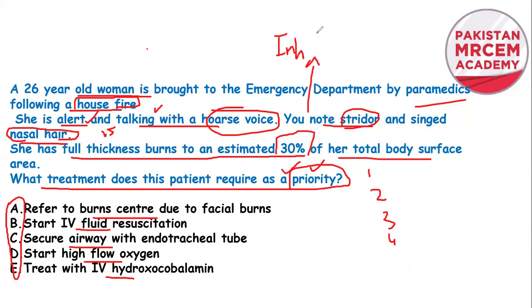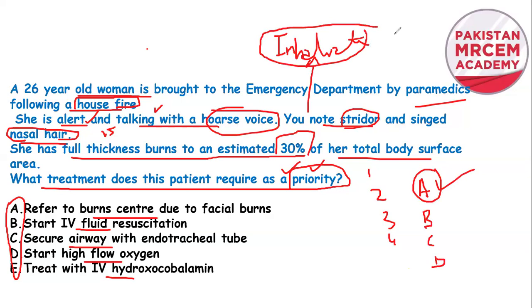In inhalational injury, what is our main concern? Whenever a trauma patient comes, we address the A, B, C, D, E, right? Airway, breathing, circulation. In inhalation, our main concern is the airway. This stridor, singeing of nasal hair, and hoarseness of voice are telling us of inhalational injury of the oropharynx and laryngopharynx.